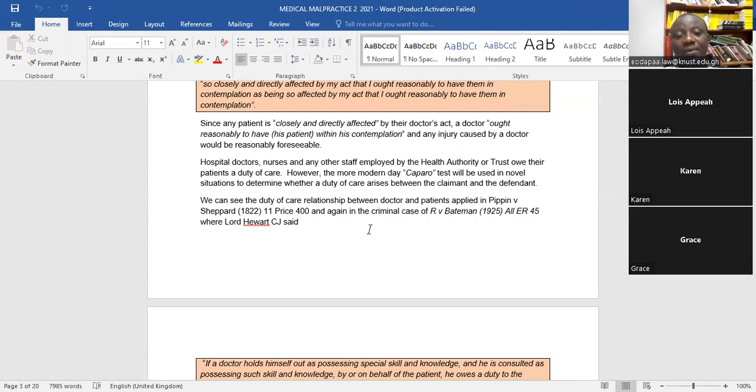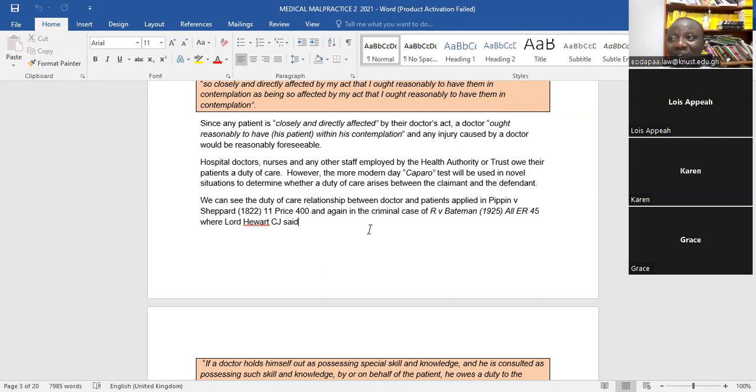Now, with that, we said that the position of the law has been made clearer since the famous Lord Atkin view in the case of Donoghue and Stevenson, that if we can establish the situation of a proximate relationship, that is the neighbor principle, then we can say that a duty of care was owed.